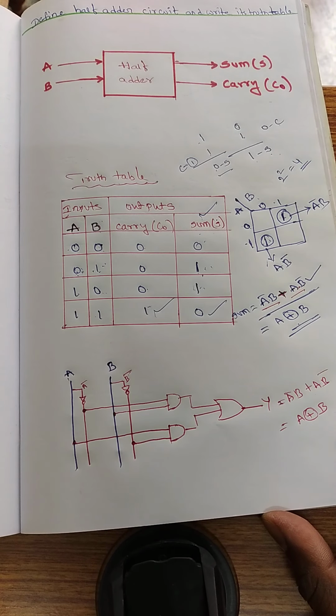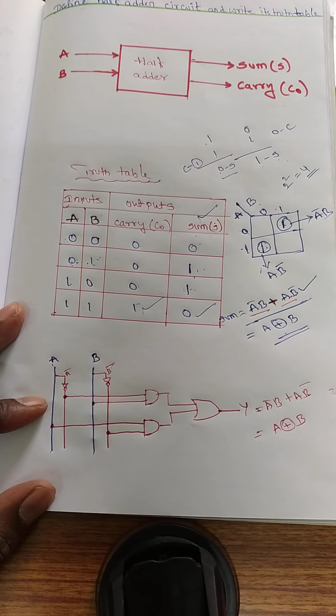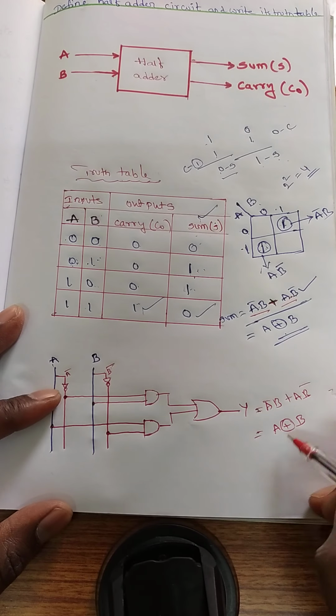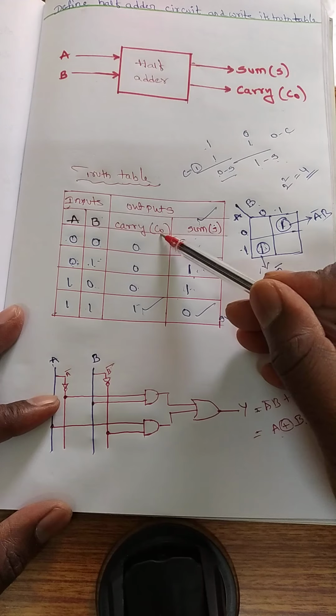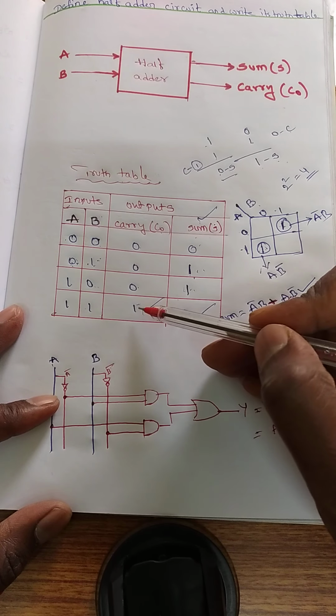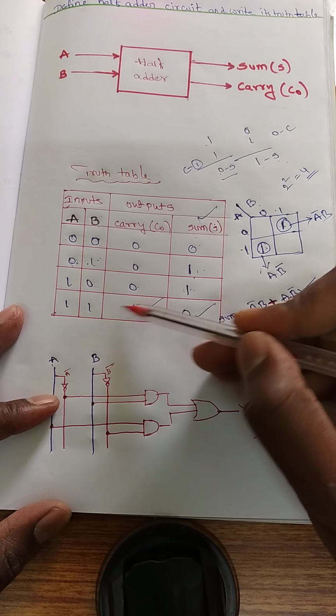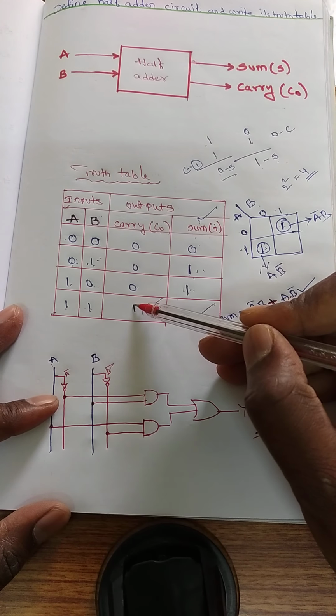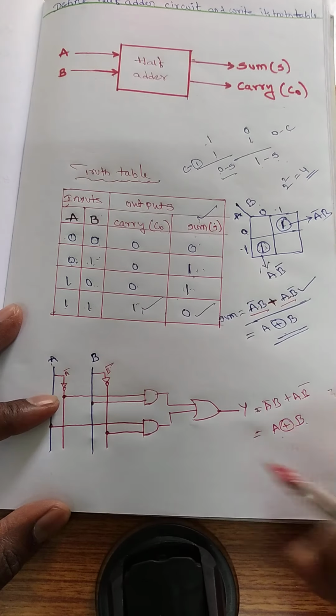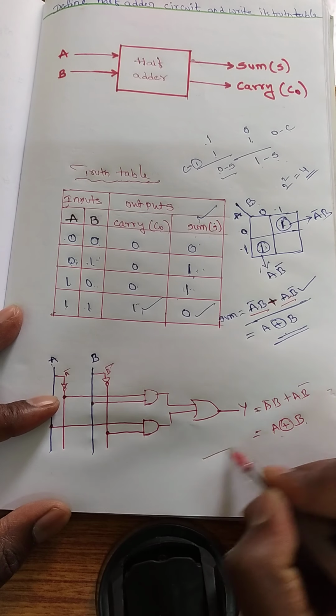Right now we have seen the sum expression A XOR B, and we will see the expression for carry. So check where 1 is there. In case of when A is 1, B is 1, carry at that time only, one case 1 is there. So we have to plot the same into the K-map.